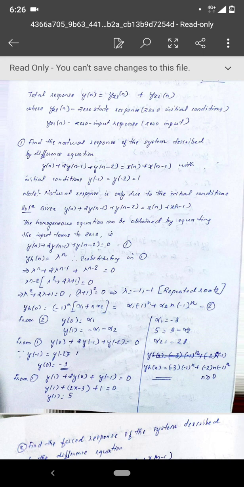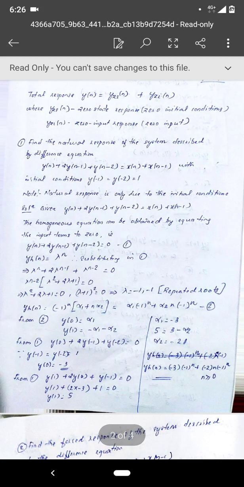So the particular solution was in the same form as the input. Then we evaluated the constant term attached with the particular solution after substituting that particular solution in the given difference equation. And then we evaluated the value of k.